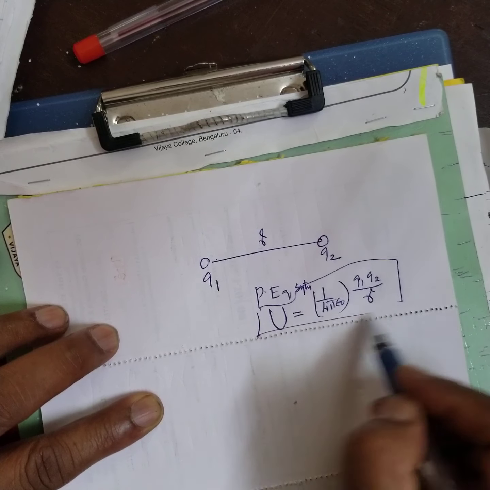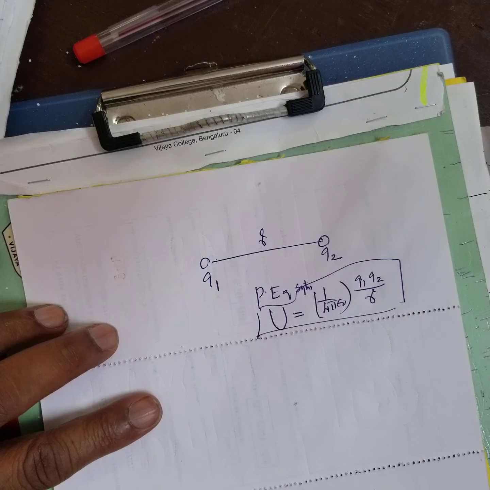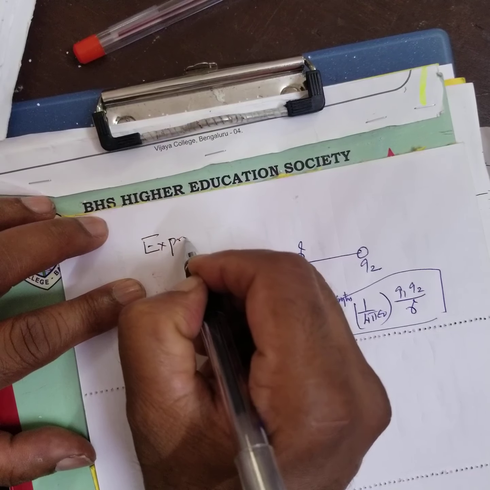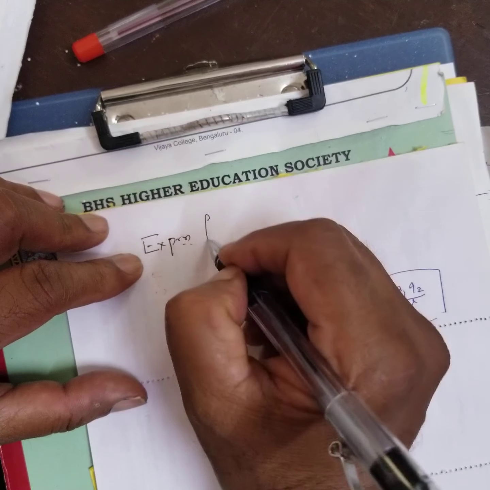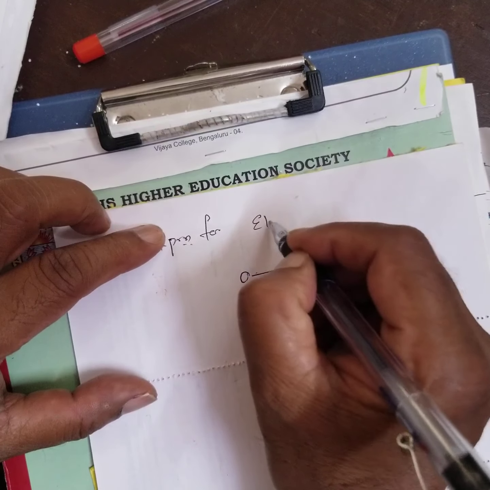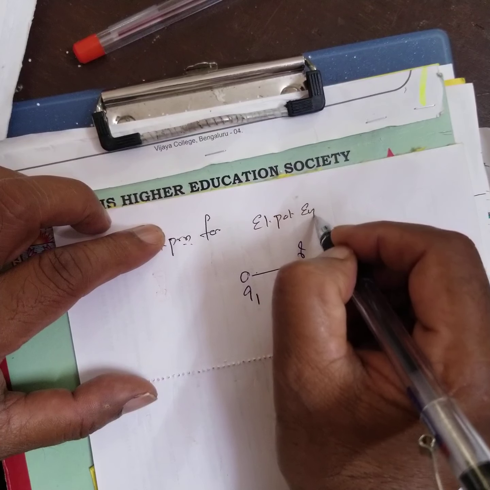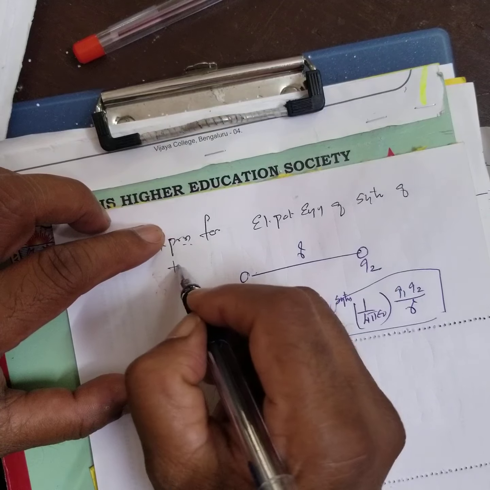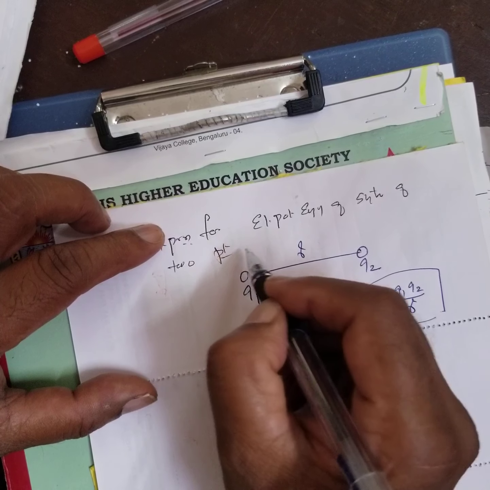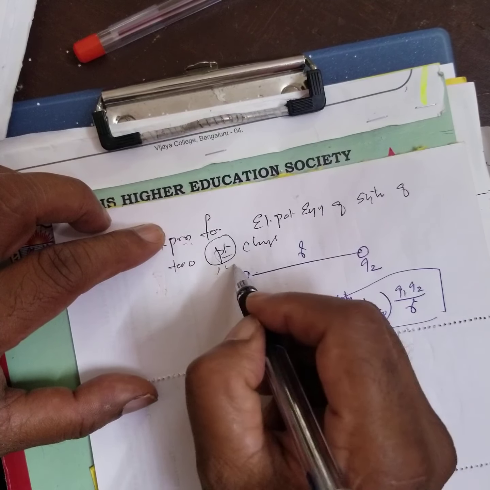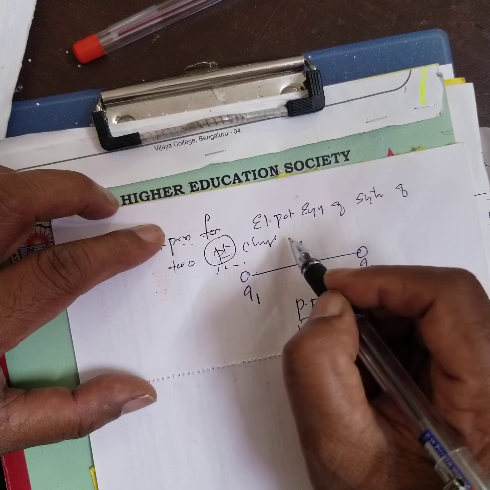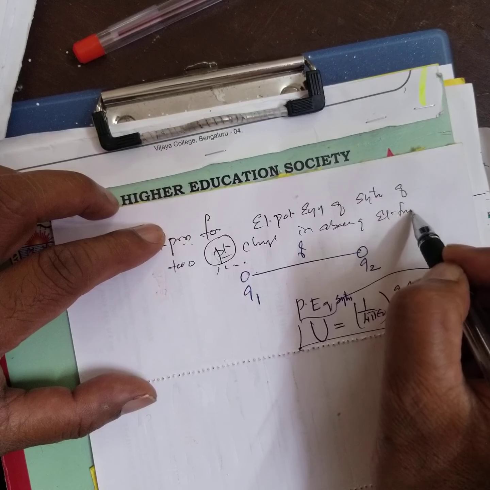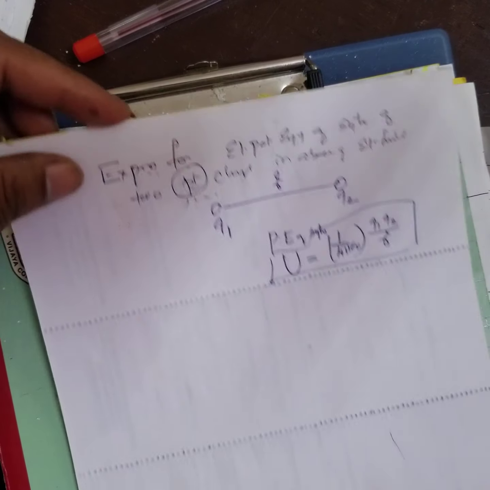This you have to derive. They may ask you the expression for electric potential energy of a system of 2 point charges. See, point charges is important, in the absence of an electric field, they'll ask.